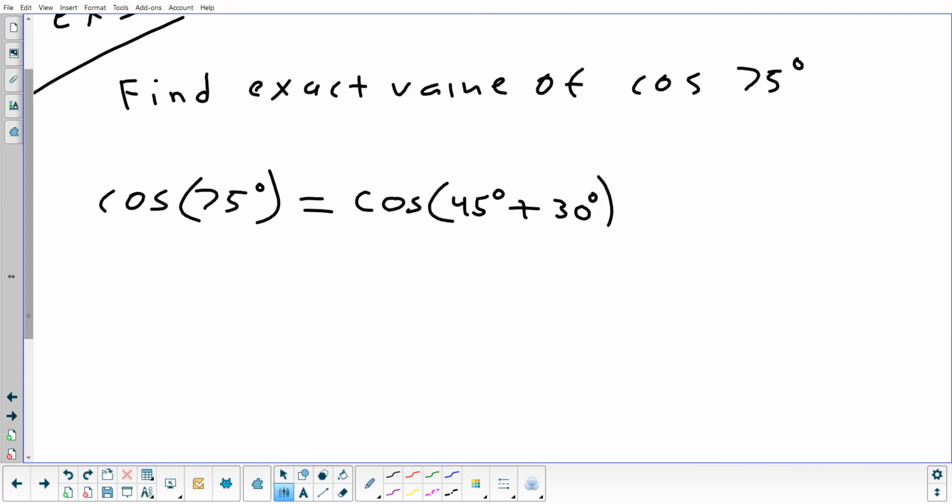All right, so Abigail, can you just tell me my formula first before I fill it in? Cosine 75. Yeah, you don't even have to fill it in yet. Cosine alpha minus beta equals cosine alpha times cosine beta. And what comes after this?